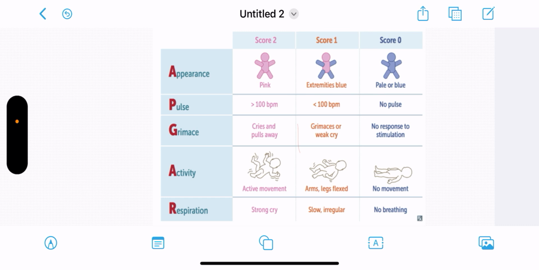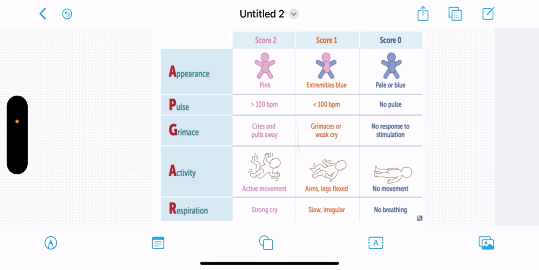When the child's arms and legs are flexed, the score is 1. And when the respiration is slow and irregular, or the child is gasping, it is again scored as 1.